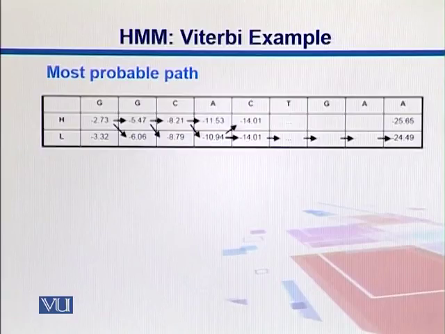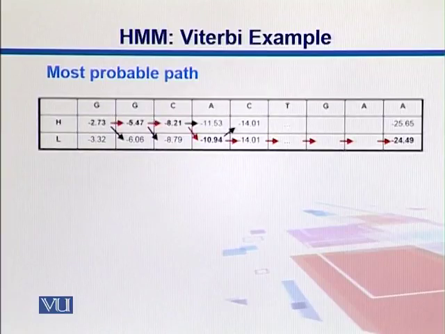On the rows we have both the states, and on the columns we have our sequence. We put all those possibilities and then we put our pointers. In the end the cumulative probability is -24.49, which ends up in state L for the last nucleotide, and ending up in state H is -25.65.